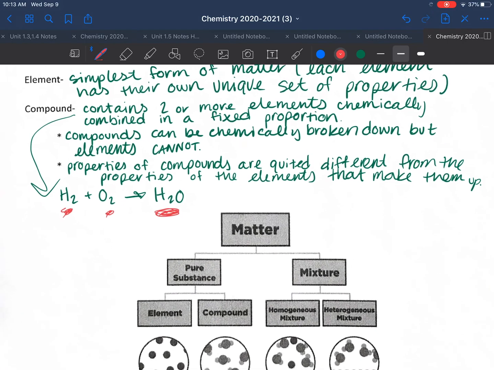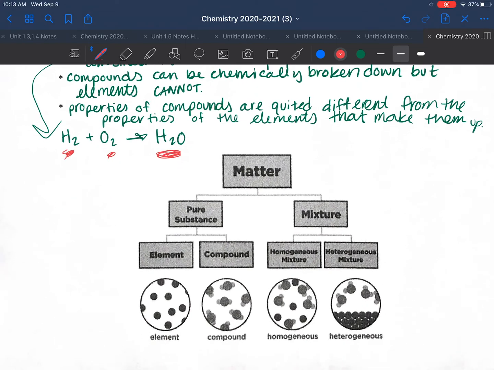If we slide down to this matter tree, it helps us determine what's a pure substance versus a mixture. Under pure substance, we can have either an element or a compound. In mixtures, we have homogeneous and heterogeneous mixtures.